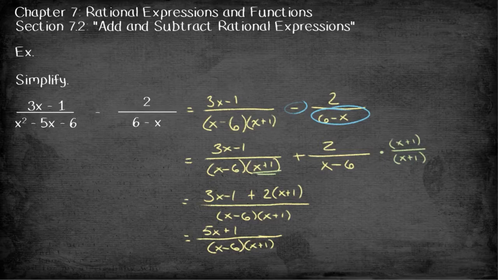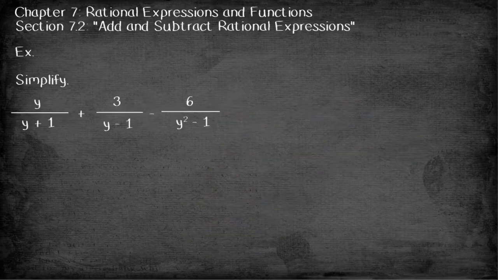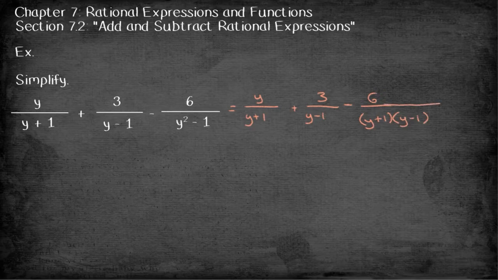All right, one more, last one for this video, I promise. So again, start by factoring. It's pretty much a safe move whenever you're dealing with rational expressions, to just factor everything completely. And let's see.